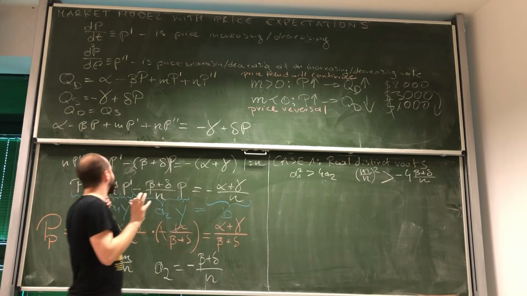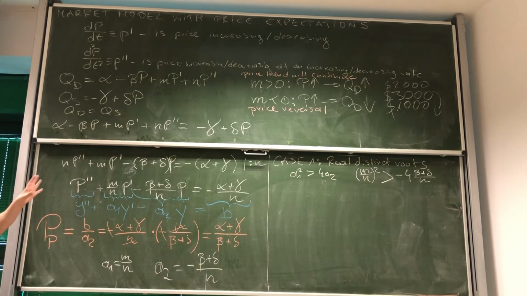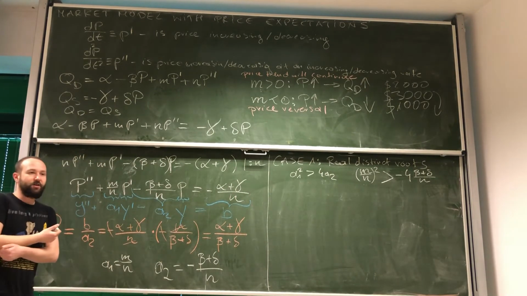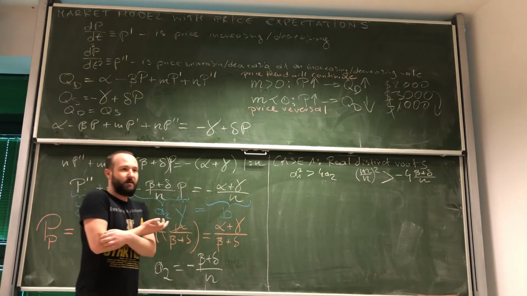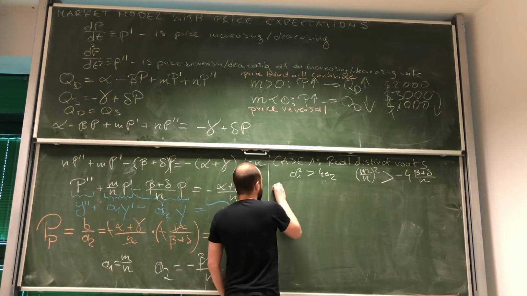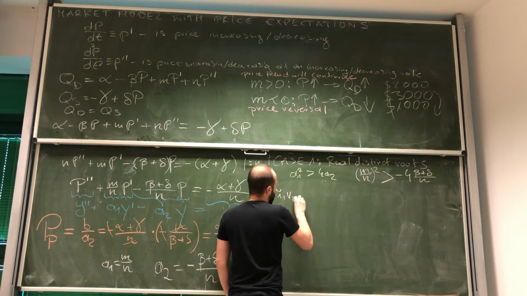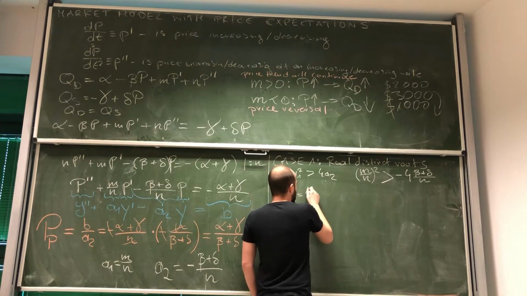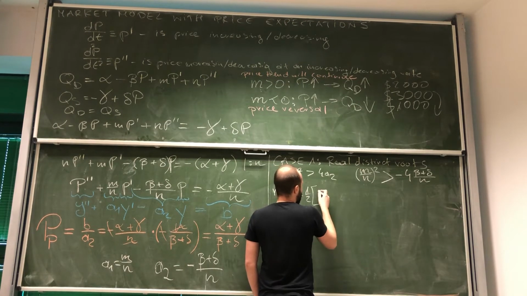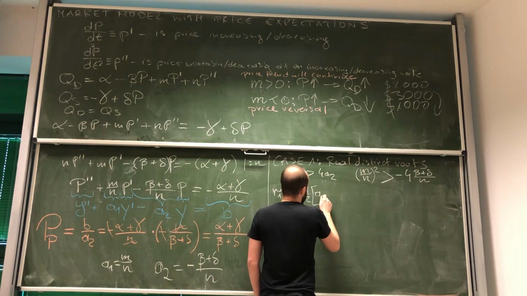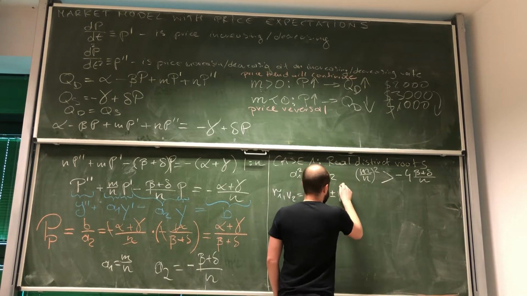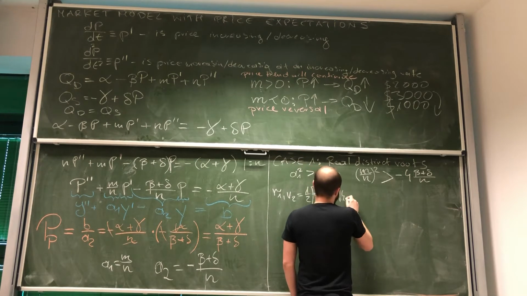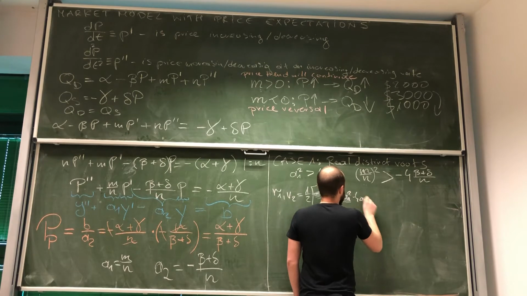We do not know the exact values of the parameters. We're just assuming that they are bigger. But if this is the case, we can easily find the solutions. Remember, r1 and r2 are equal to 1 over 2 times negative a1 plus minus the square root of a1 square minus 4a2.